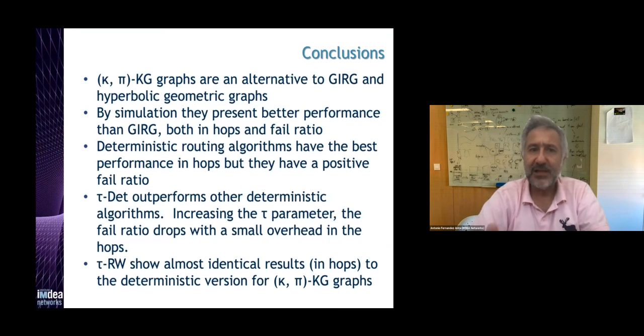So the conclusion is that this topology and both pi, so kappa pi, KG, and GERC, they seem to be good alternatives to hyperbolic geometric graphs. The KG graphs that we have proposed seem to be working better than GERC, both in hops and in fail ratio.